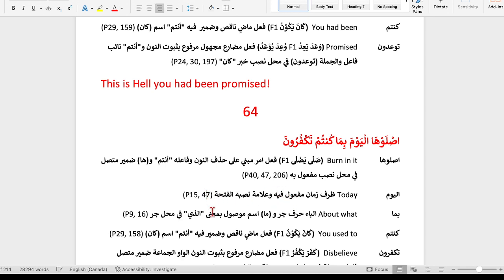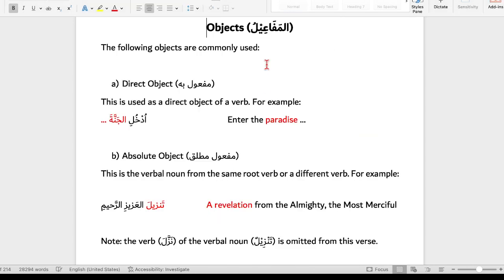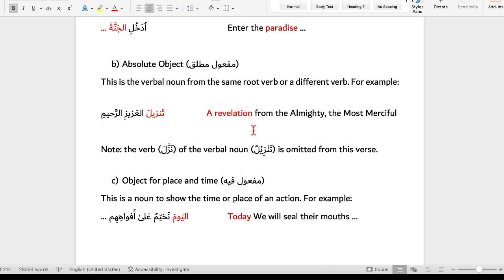Let me show you what is maf'ul fihi, page 47. So these are objects, mafa'il, maf'ul fihi, object for place and time. This is the noun to show the time or place of an action. So you see here, al-yawma nakhtimu ala afwahihim.